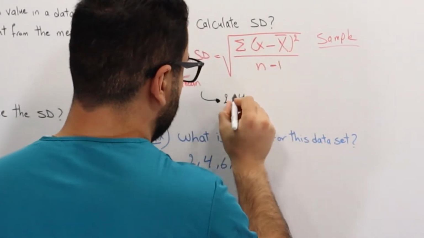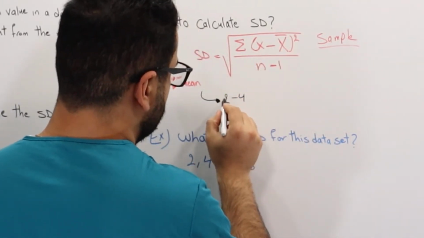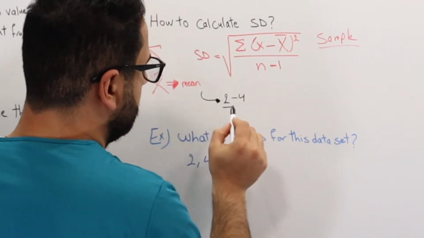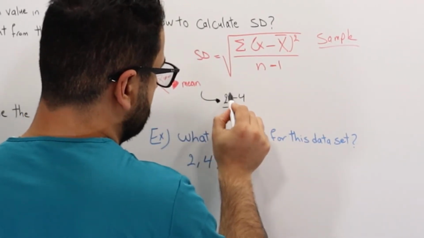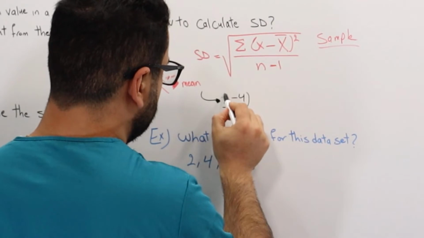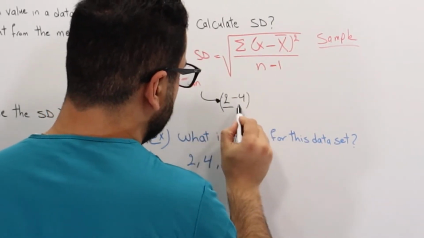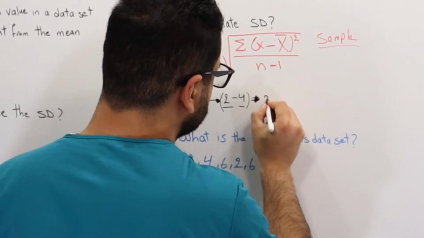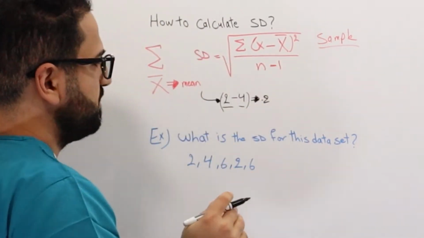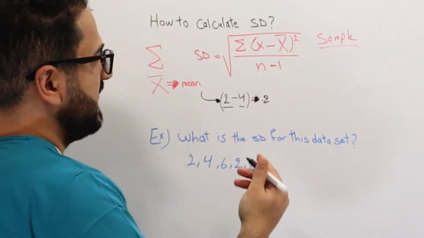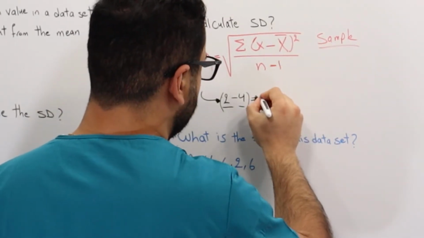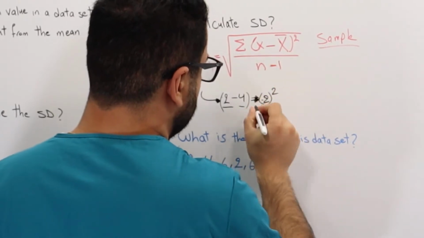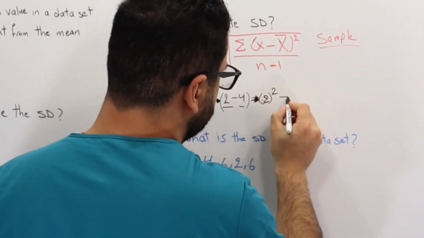So 2 minus 4, where 2 is the data point and 4 is the mean, would be -2, right? To prevent having negative values, we have the square over there. So -2 squared is basically 4.